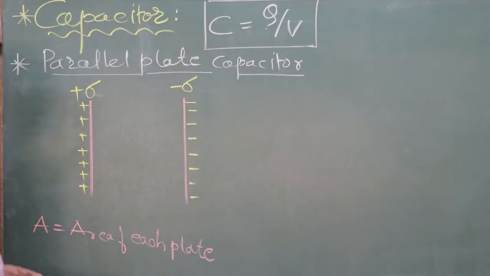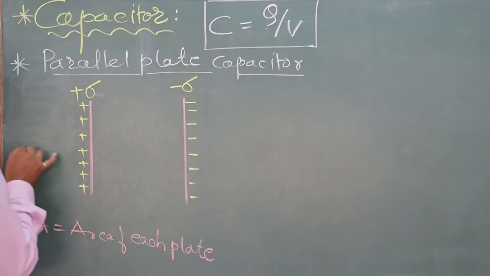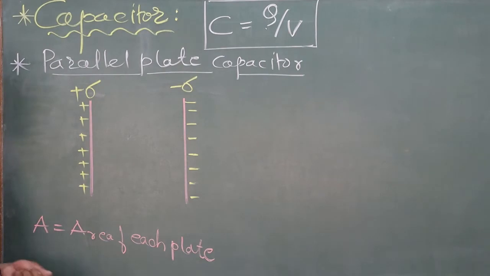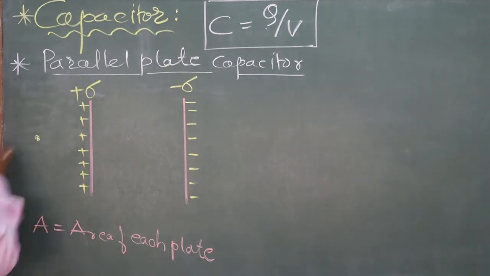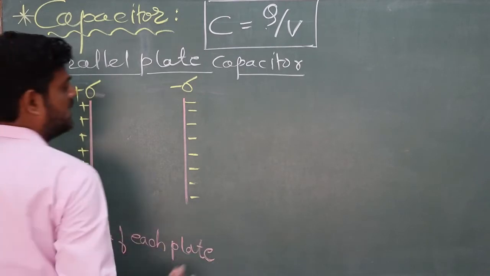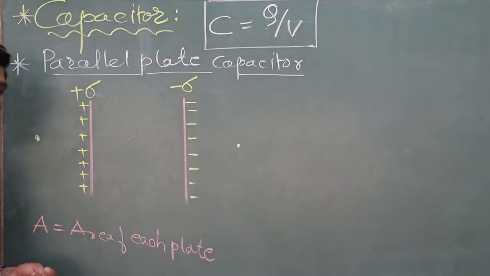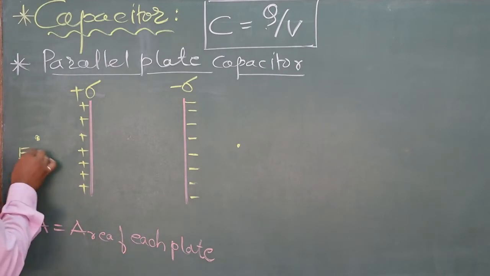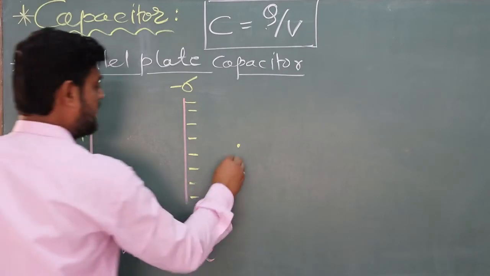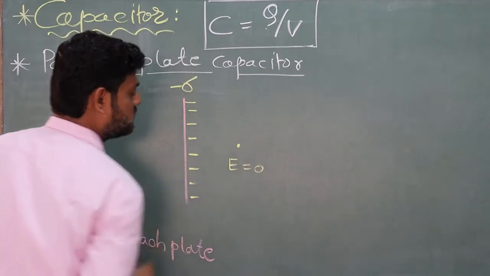As we know, in chapter number 1, what we studied: the electric field outside plate 1 and outside plate 2 we have already calculated. So the electric field over here is equal to 0, and over here is also 0.